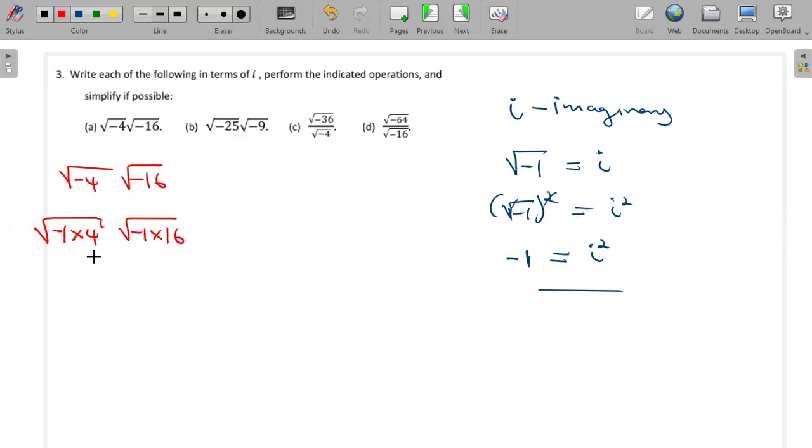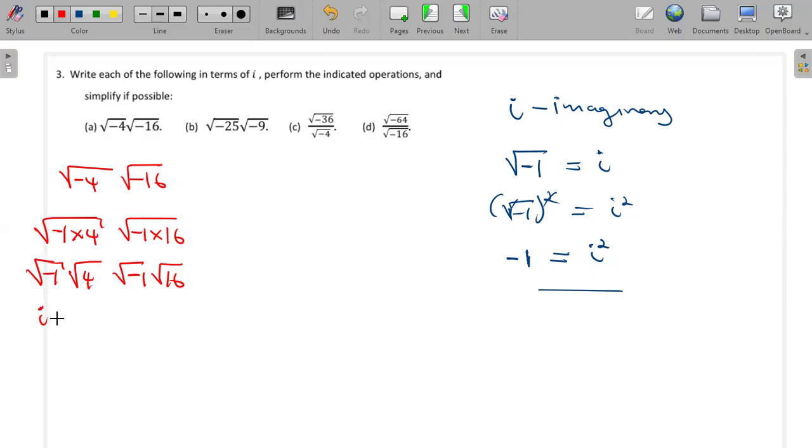Then by the radicals, you can write this as the square root of negative 1 and the square root of 4, and the square root of negative 1 and the square root of 16. So this here gives you i, as we have seen there.